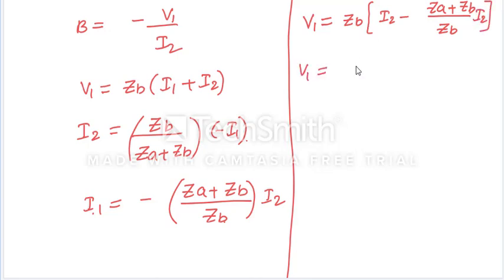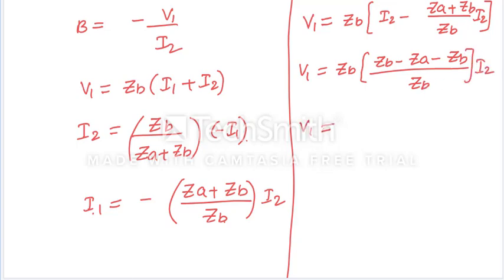So V1 is equal to ZB into ZB minus ZA minus ZB by ZB into I2 now. So ZB here, ZB here. So V1 is equal to minus ZA into I2 I will get now. So B is equal to minus of V1 by I2, which means finally ZA. So you can see this thing here finally.